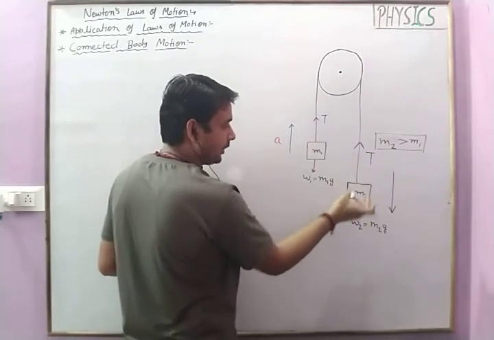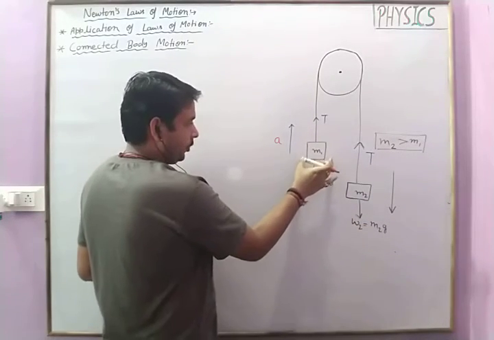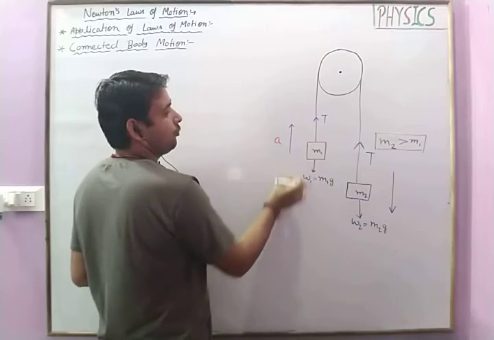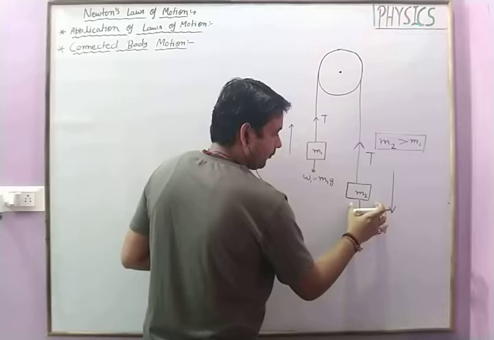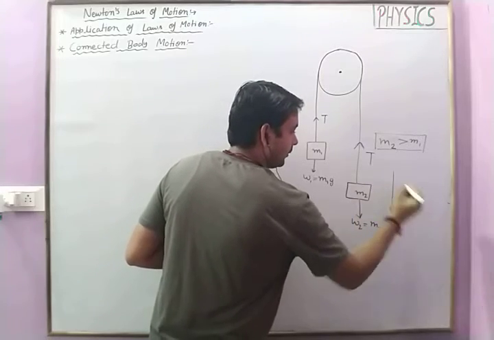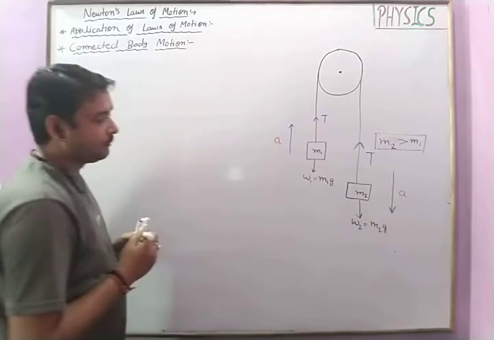The body of mass m1 is moving upward, while the body second of mass m2 is moving downward with the same acceleration a.